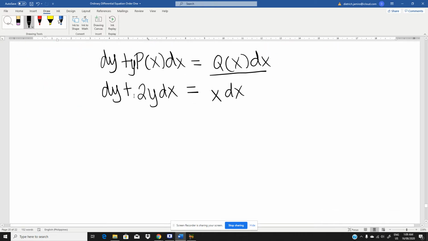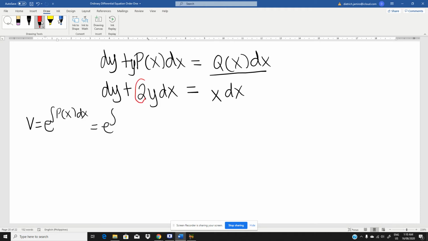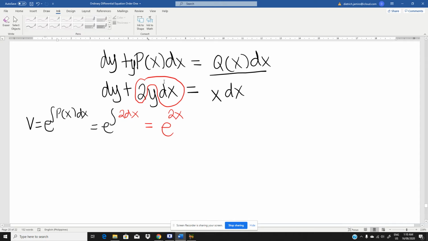As you can see, we will now get the integrating factor. The integrating factor v is equal to the exponential of the integral of p of x dx, which is equivalent to the exponential of the integral of 2 dx. Then the answer will become e raised to 2x. Now we've got the integrating factor.